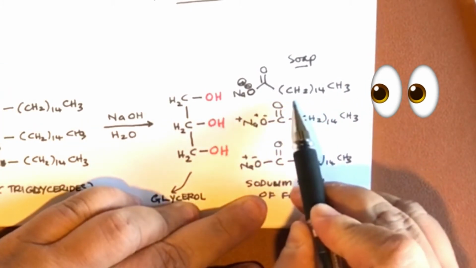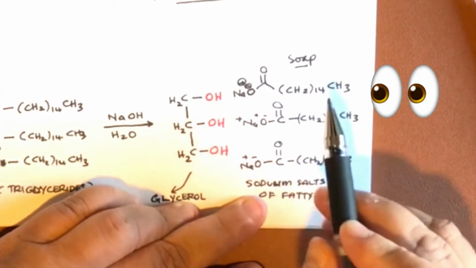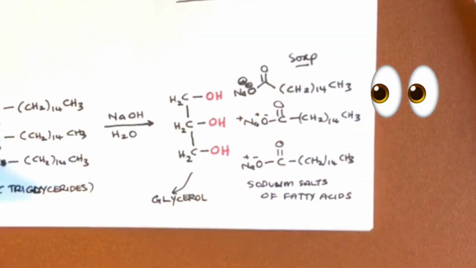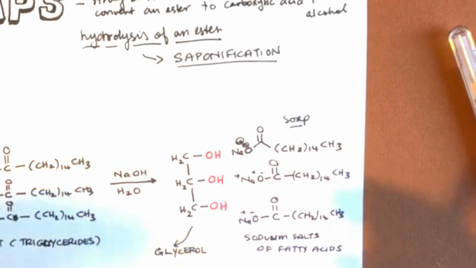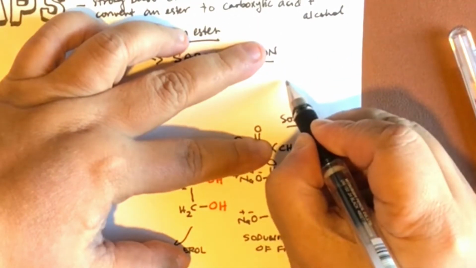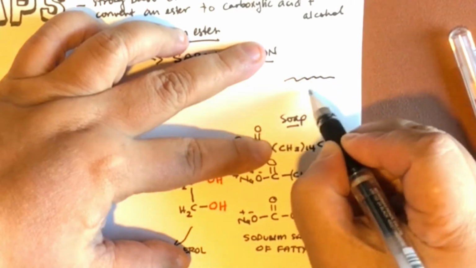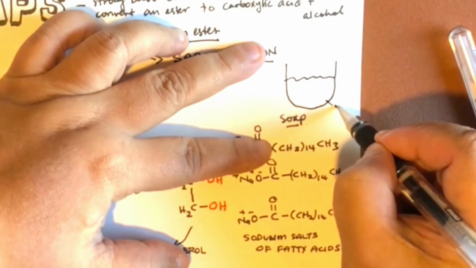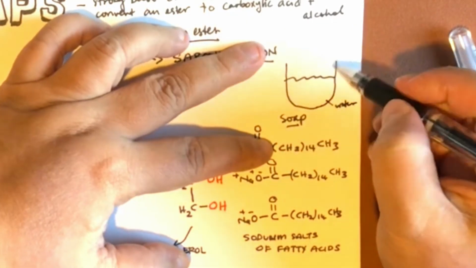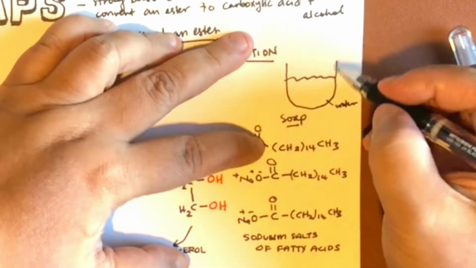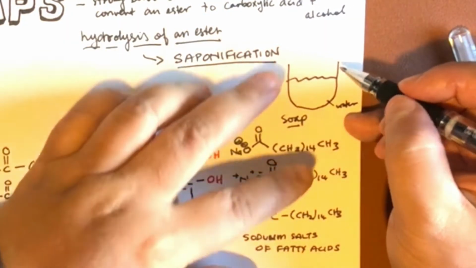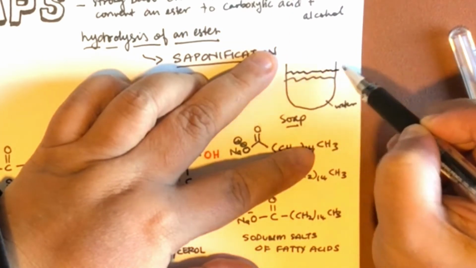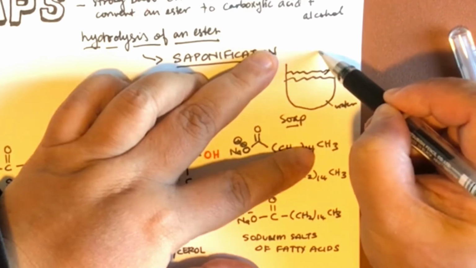Yeah, and if you look at the structure of a soap, as I mentioned earlier, it has a long chain. This is CH2 14. There are 14 of CH2. It's a very long chain. And what happens usually when we mix this with water, say in a glass, this is water, and say you have the sediment.